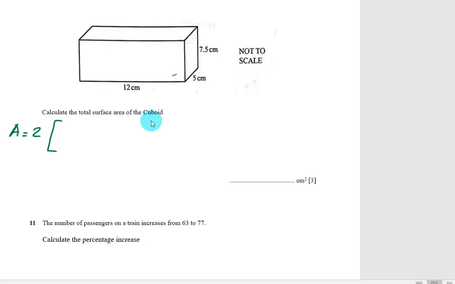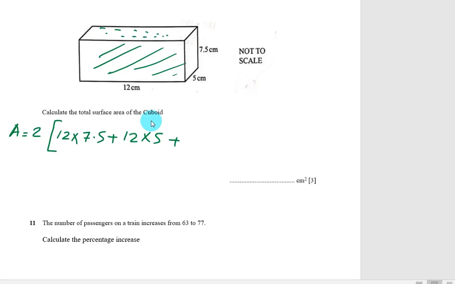The first surface is this one, which is 12 by 7.5, plus the upper surface, which is this one, 12 by 5, plus this surface is 5 by 7.5. So this is the total area.